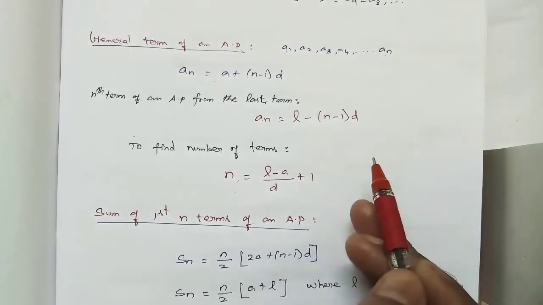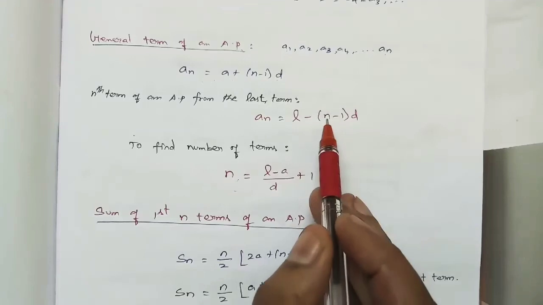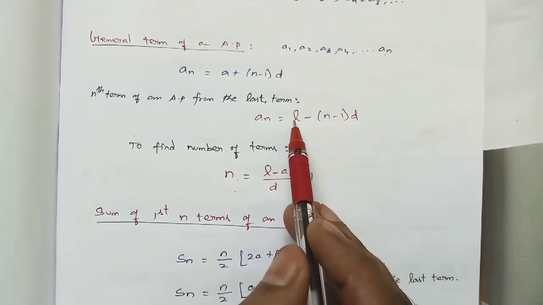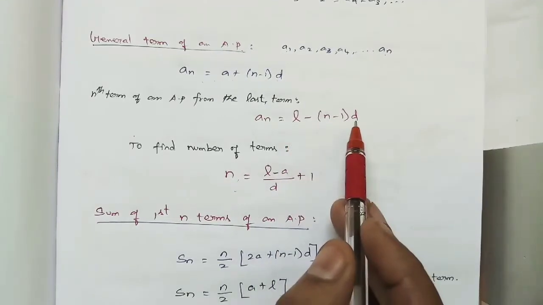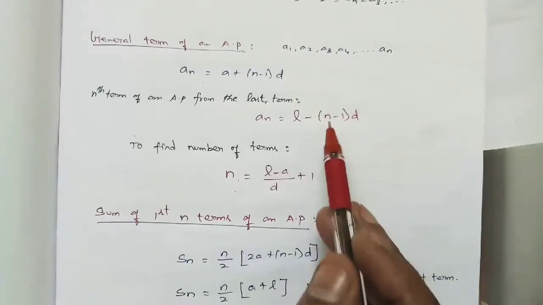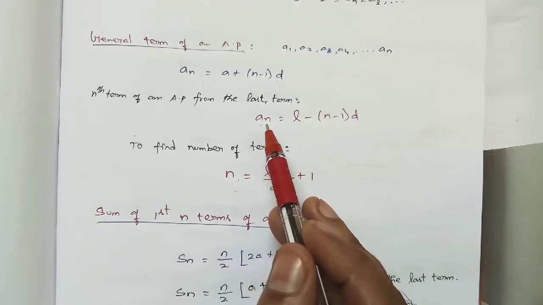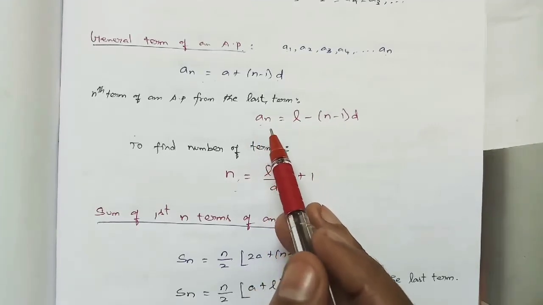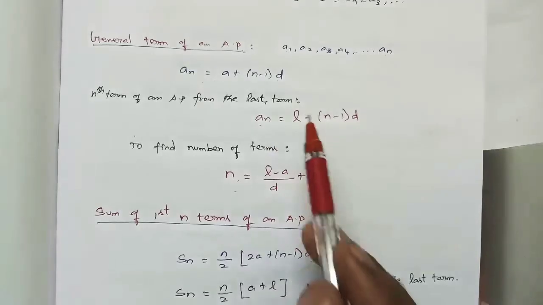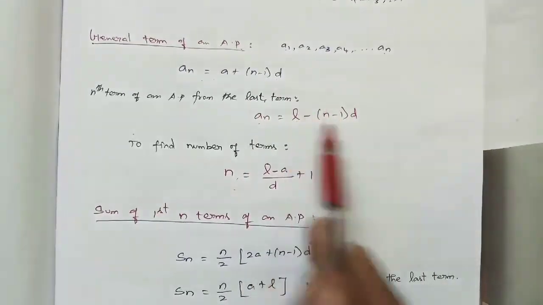That 18 is nothing but n, right? They will give you the last term, and we have to find the common difference, and by substituting all those values in this formula, we will get the 18th term, which is from the last term of the AP.